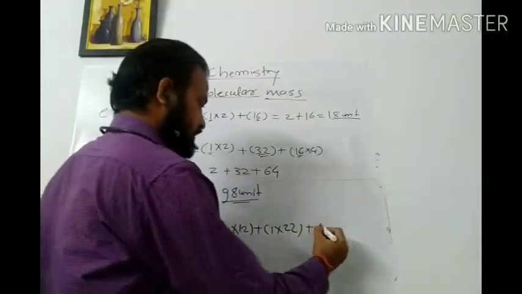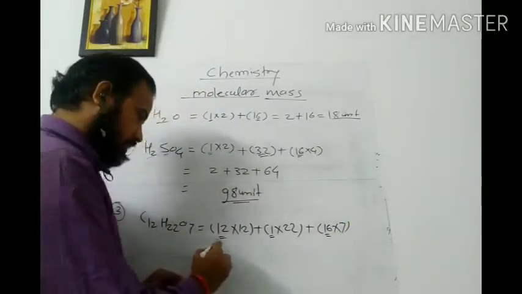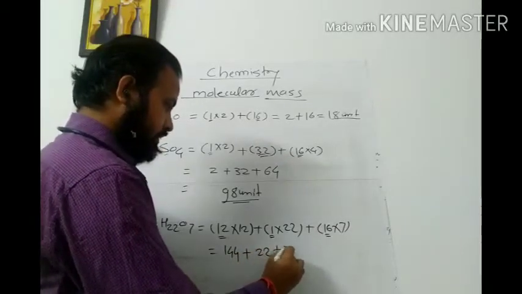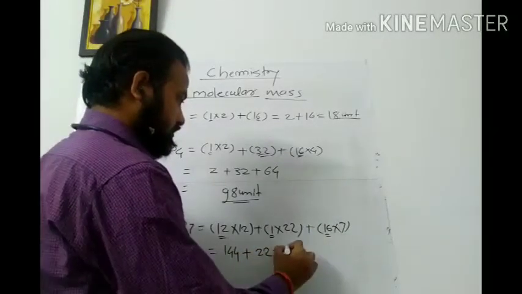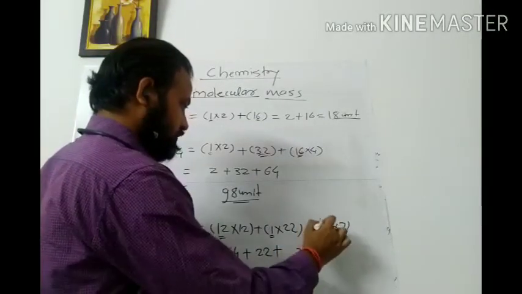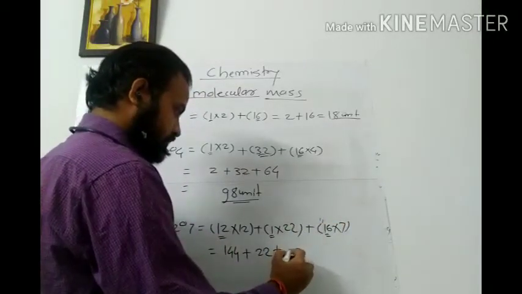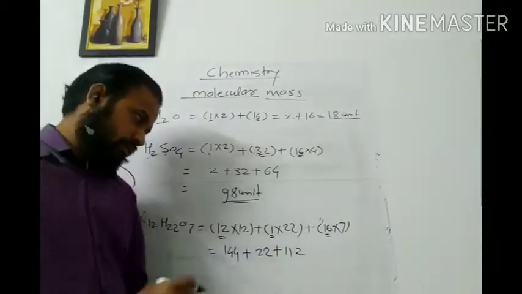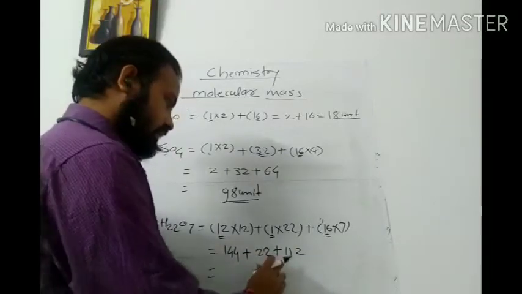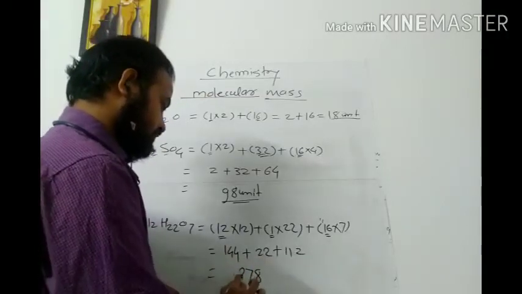Here O7 means 16 into 7. So if we calculate it, 12 twelves are 144, plus 22, plus 16 sevens.